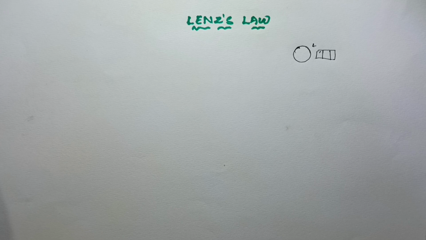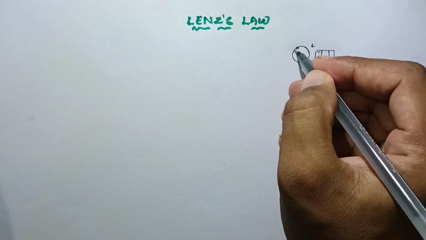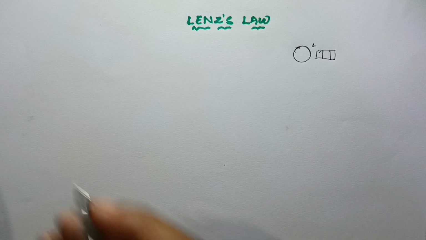So in Lenz's law, we describe the direction of current flowing in the coil, right? So let me write down the definition first.